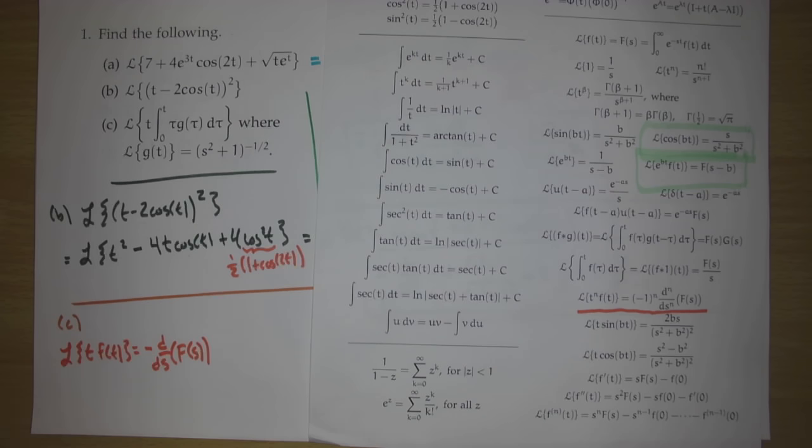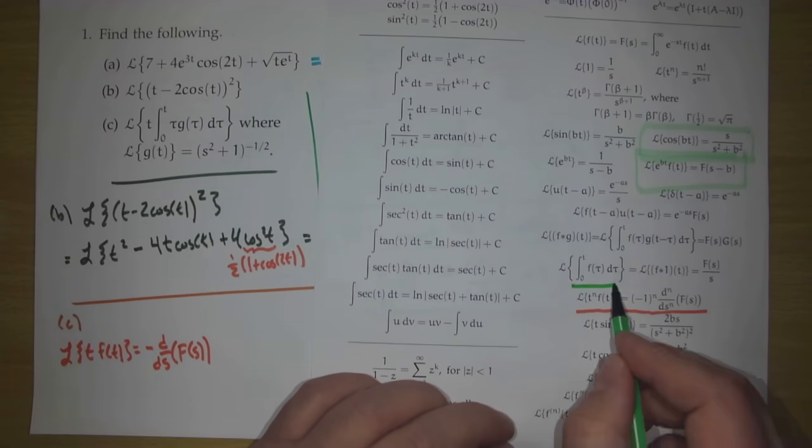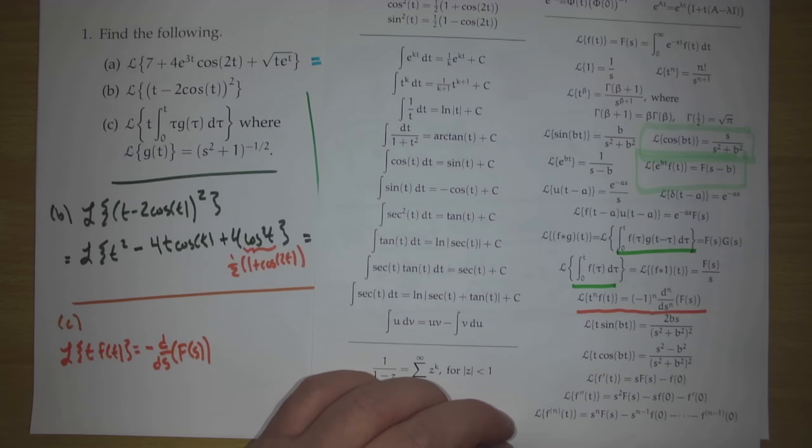Well, what else? Another thing we see is that there is an integral. Now you have to be careful. Integrals show up in our tables in 2 ways, so make sure you know how it's showing up. It shows up here and right above it.